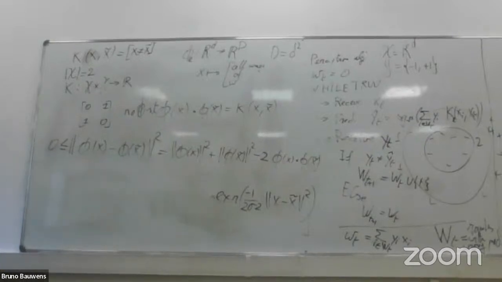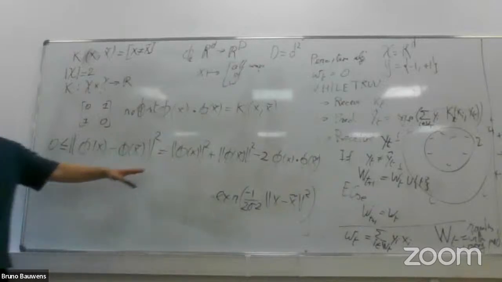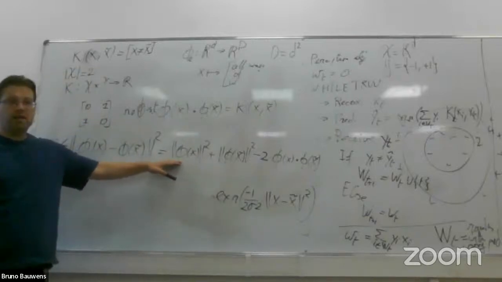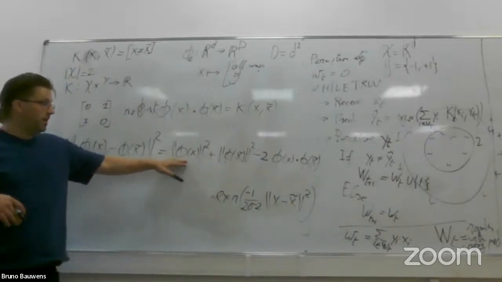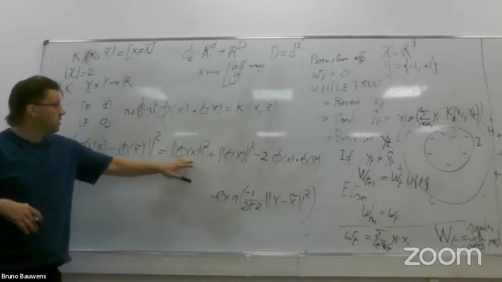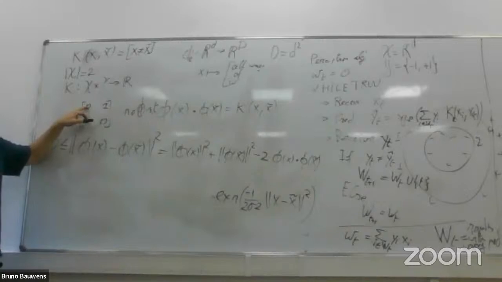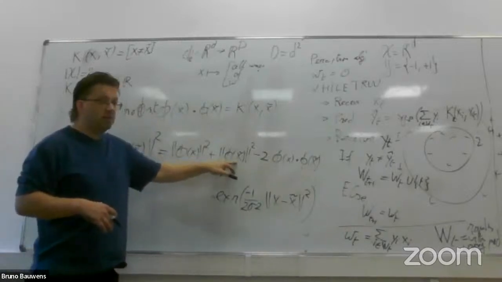Okay, and now you see the problem, right? Can you evaluate the right-hand side? We substitute back the kernel function. Here we have the norm of phi(x), so this is always 0. Same for here.